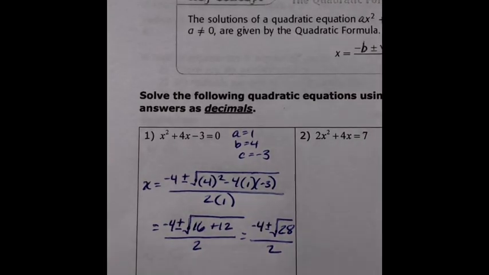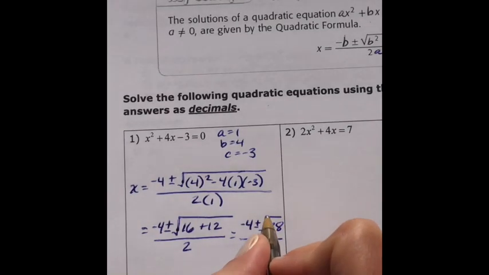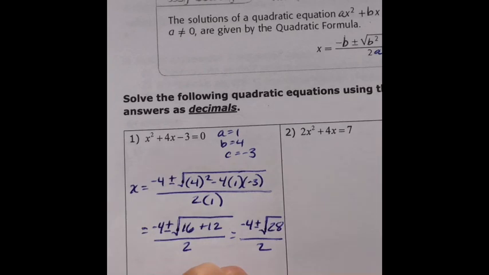Now the square root of 28 is a decimal. So we're going to see what the square root of 28 is. And then once you get that decimal, you're going to do negative 4 plus the decimal, hit enter, divided by 2, and see what you get.